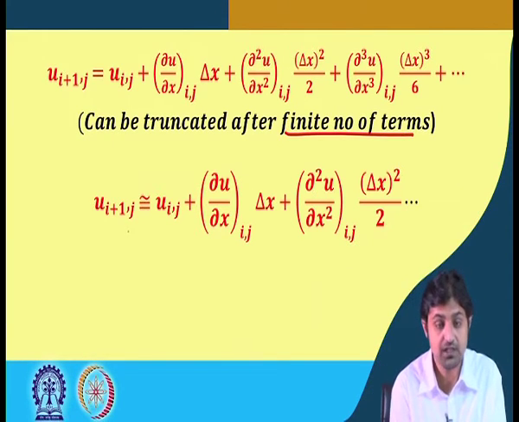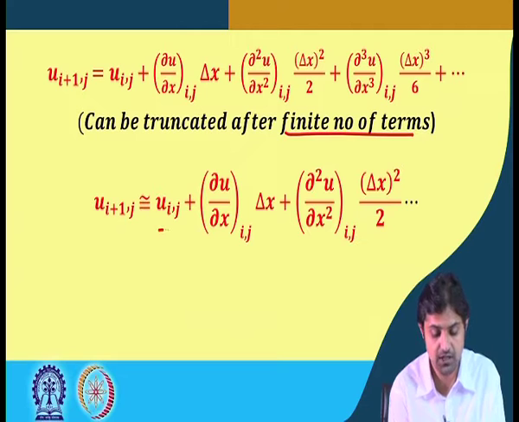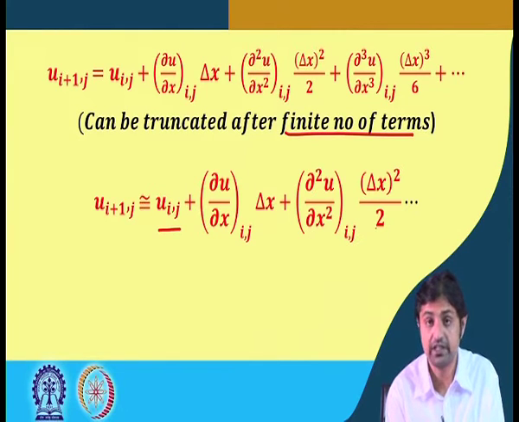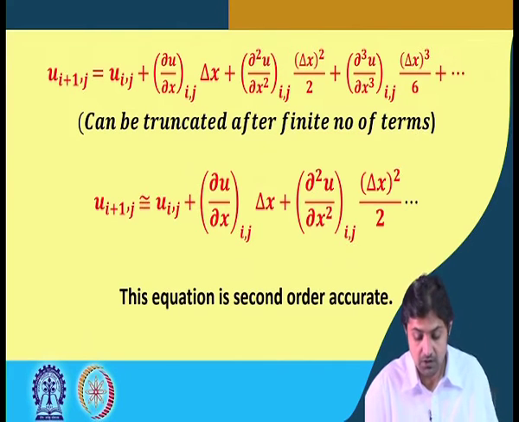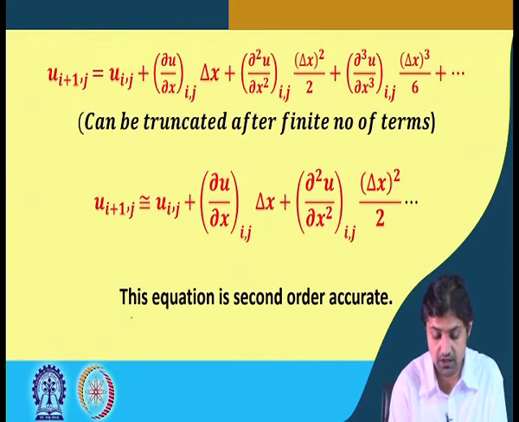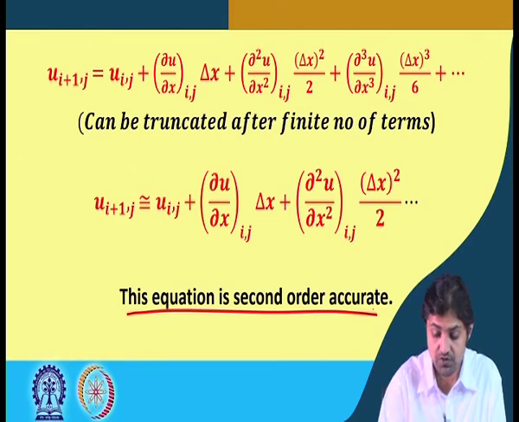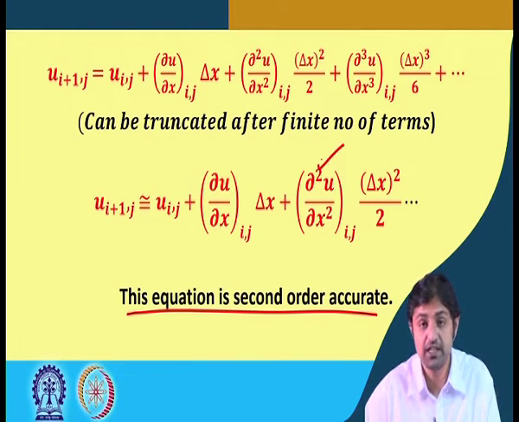So, u_(i+1,j) can be written as u_(i,j) plus ∂u/∂x multiplied by delta x plus ∂²u/∂x² into delta x squared by 2, and both of these terms are evaluated at (i,j). So, this equation is second order accurate because we have a square term ∂²u/∂x².